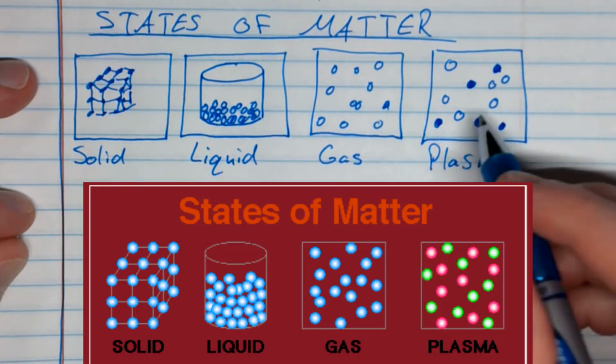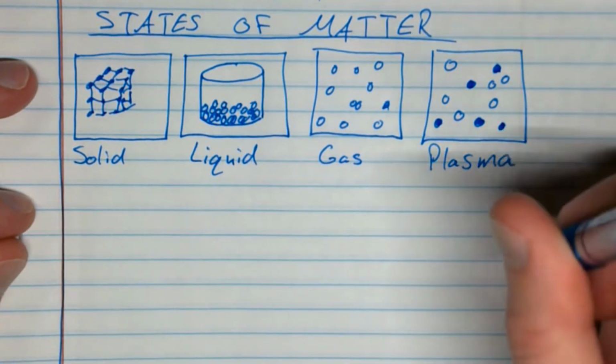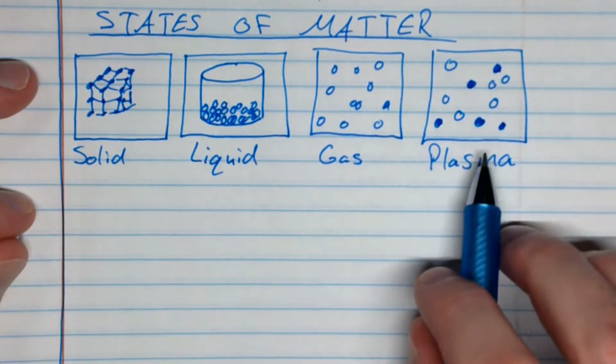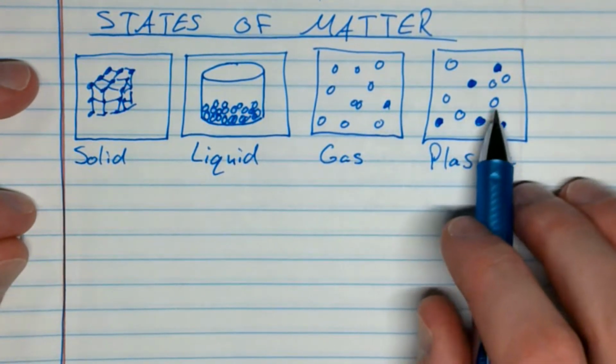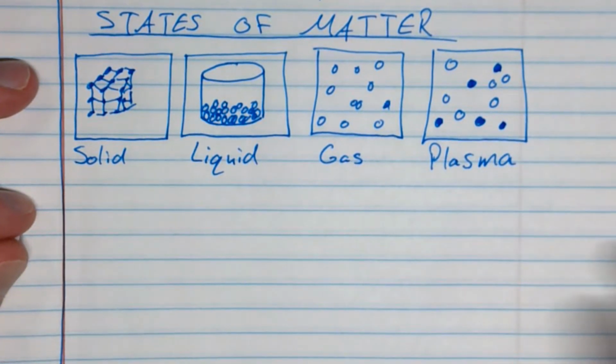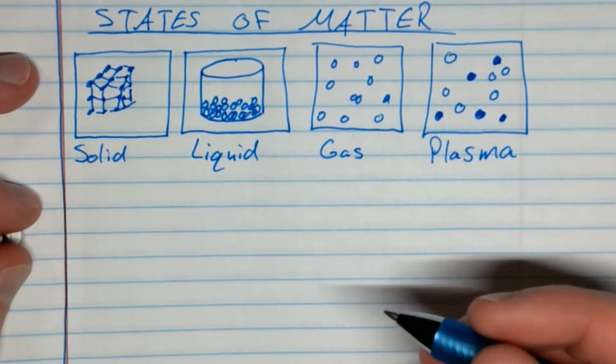Yeah, we can see that with like neon lights or even the fluorescent lights in the bulbs. When we run electricity through a gas, it causes them to get excited, and then they give off light. So they turn into a plasma for that. So, pretty cool.